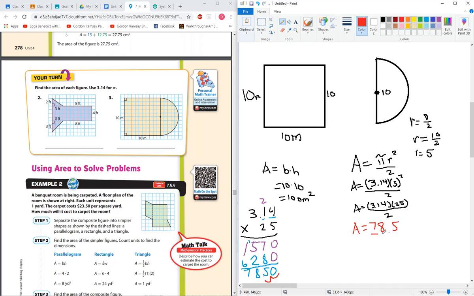78.5 divided by 2. Remember that divided by 2 is still there. Divided by 2. So 7 divided by 2 is 3. So that's 6. 18. So that's 9.